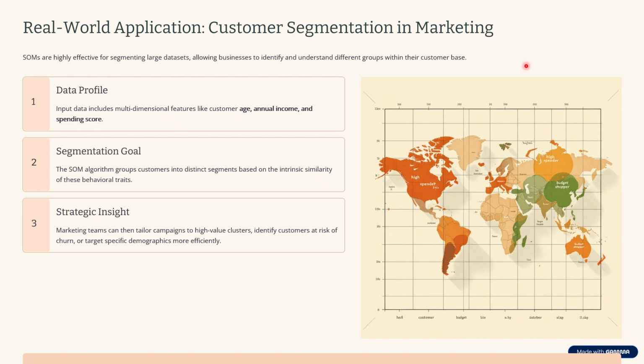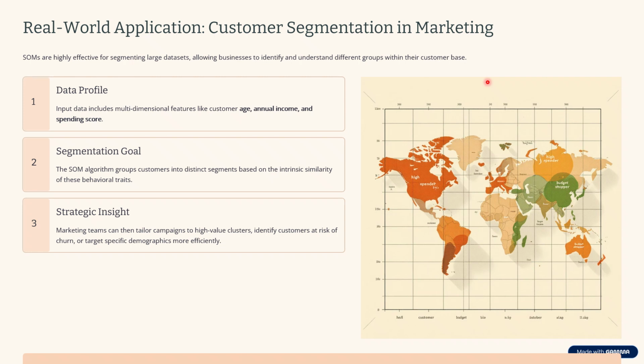To see SOM in action, let's take a real-world marketing example, customer segmentation. Imagine a retail business with customer data containing features like age, annual income, and spending score. The SOM algorithm takes this multidimensional data and projects it into a 2D map. During training, it automatically groups similar customers into clusters.